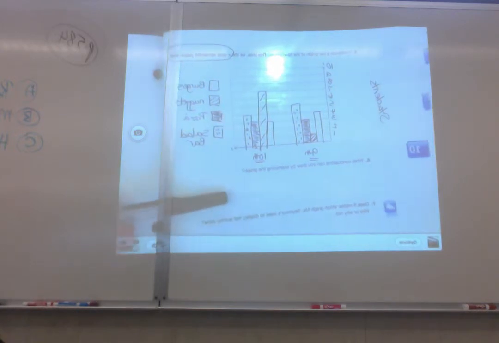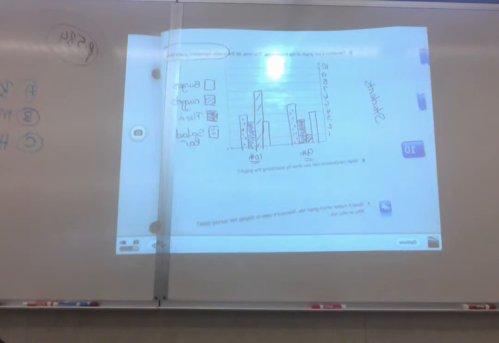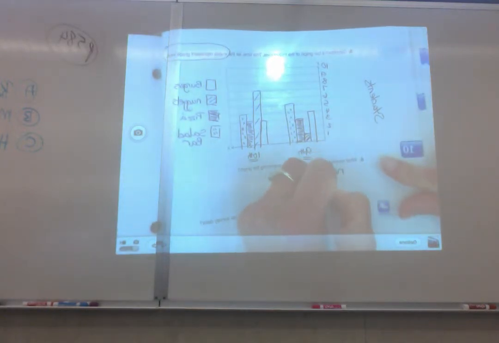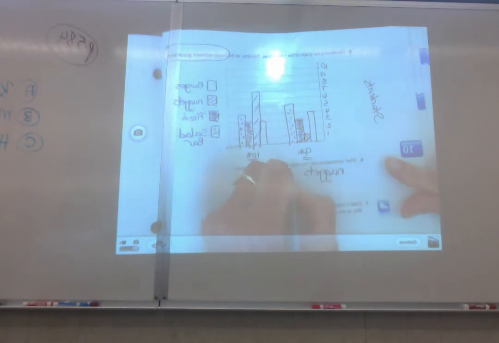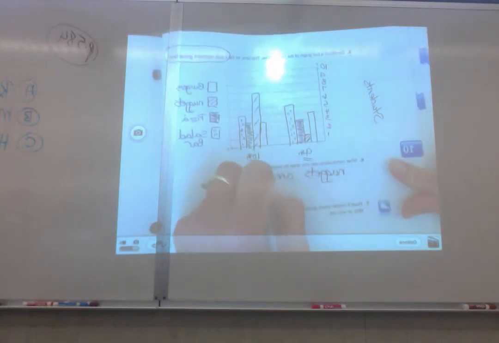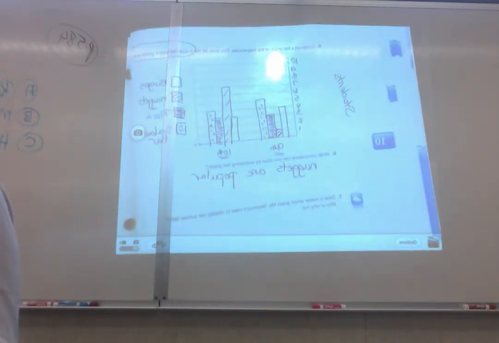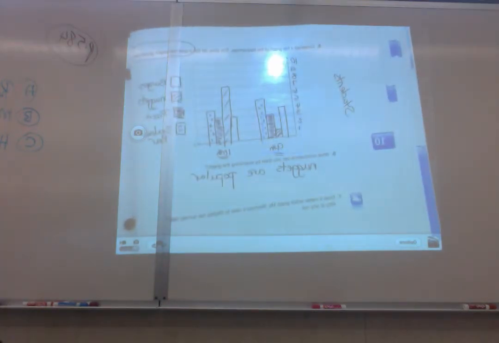What conclusions can we draw looking at this graph? Nuggets are popular. But you can't argue with that bar. Turn that off. Whose is that? Is that you, Andy?